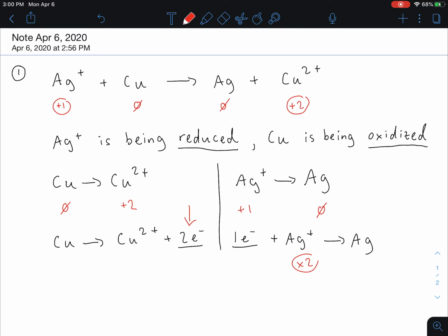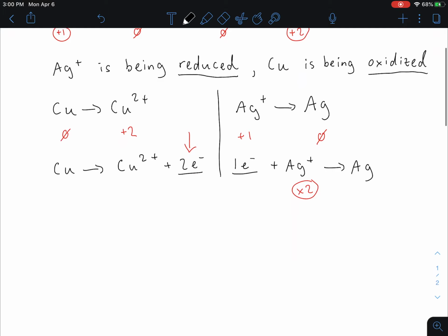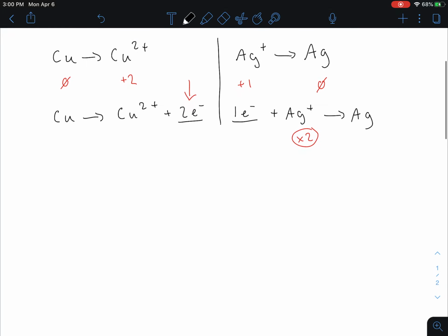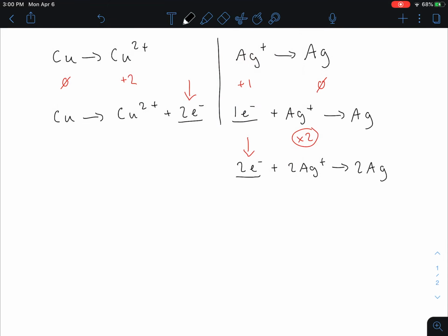So to resolve that, I'll multiply the entire reaction through by 2. And so now I'll get 2 electrons plus 2 silver plus makes 2 silver metal. And so now there's 2 electrons out and 2 electrons in. And think about that as the last step in balancing all of this.